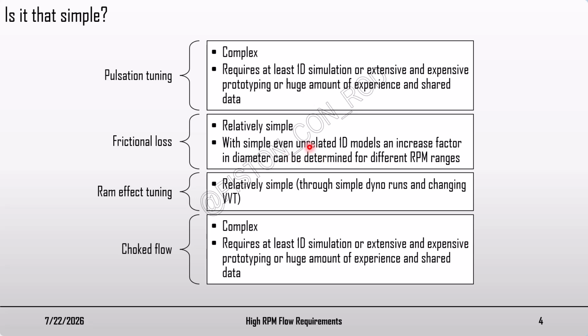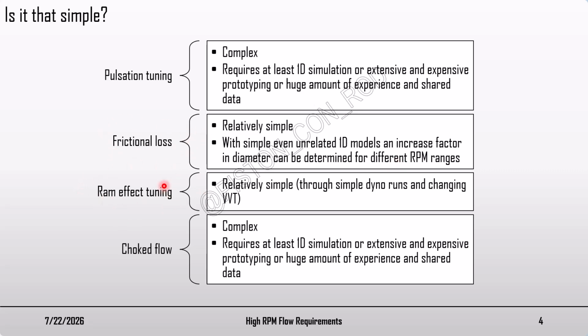For example, if your target engine is a four-cylinder, large bore engine, you can use a six-cylinder small bore engine model to find the best values. What you would do is find an increase factor for diameter at different RPM ranges to reduce the frictional losses, and you can use that increase factor for your engine also. So this one would be very simple.